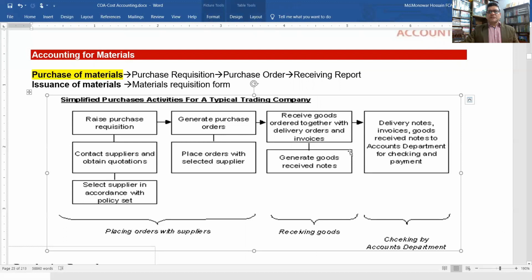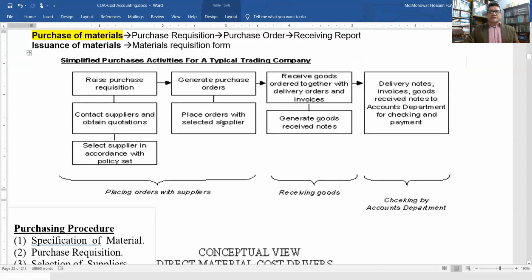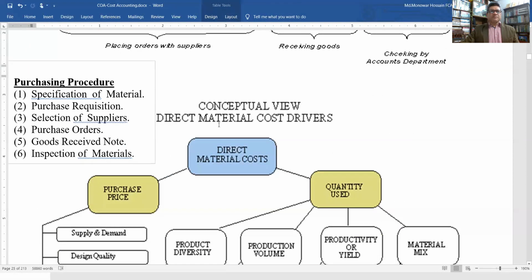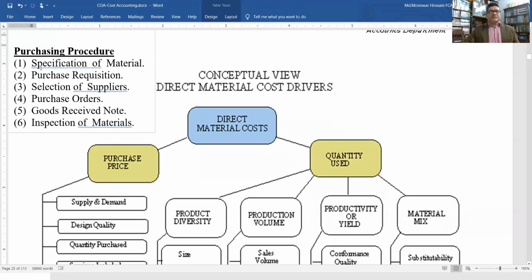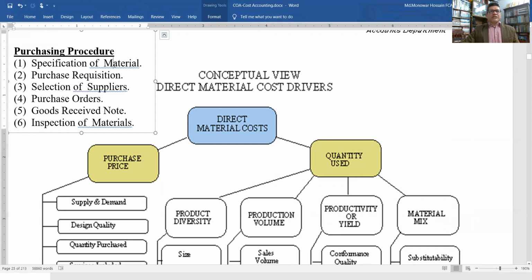Then delivery notes, invoice, and goods received notes go to the accounts department for checking and payment. So this is the raw materials issue. Here is the purchasing procedure. First of all, a specification of materials: which material you have to purchase.